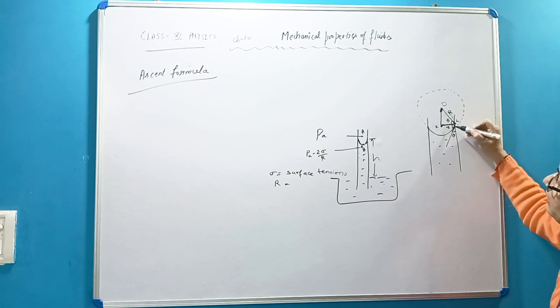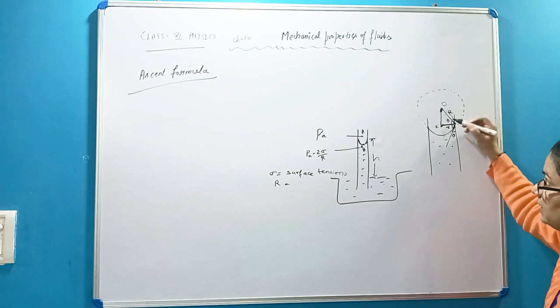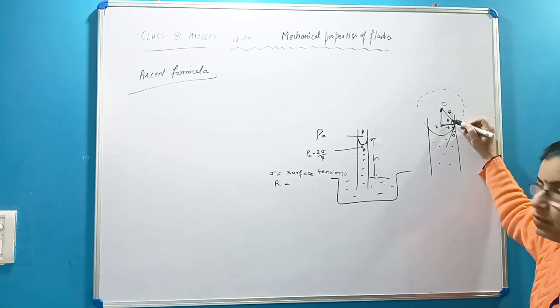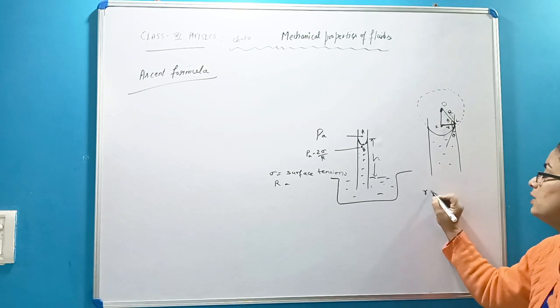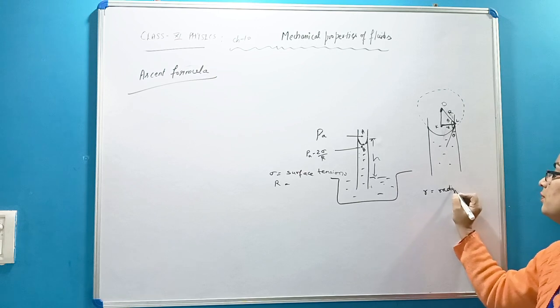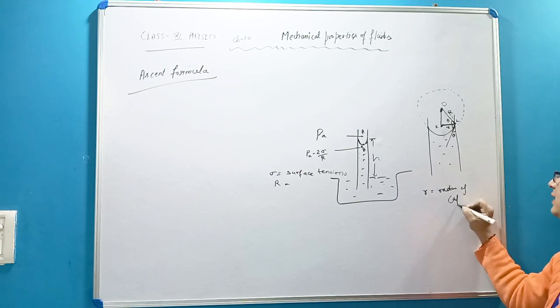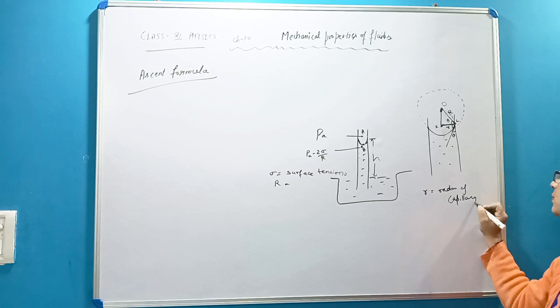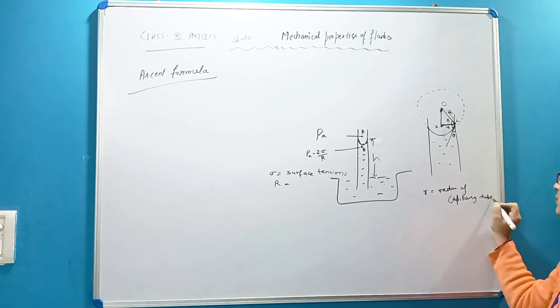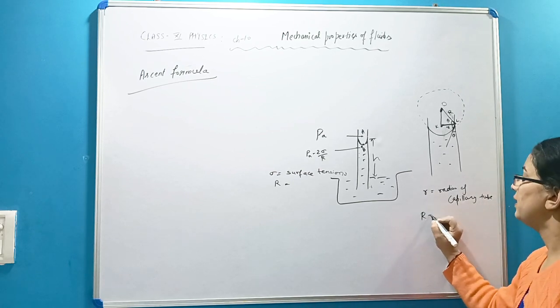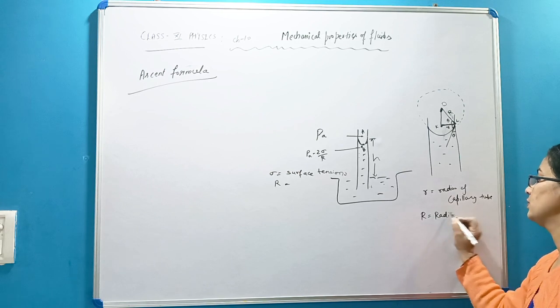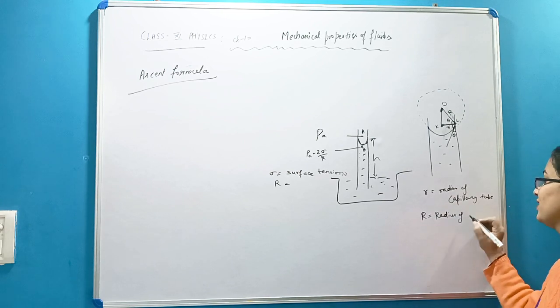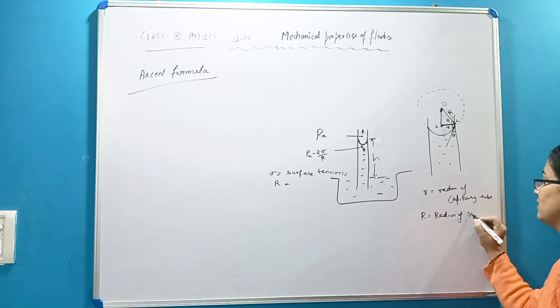That means this is 90 and this is also 90, so it should be theta here also. I wish you understood. Small r is equal to the radius of the capillary tube, and capital R is the radius of this spherical surface.